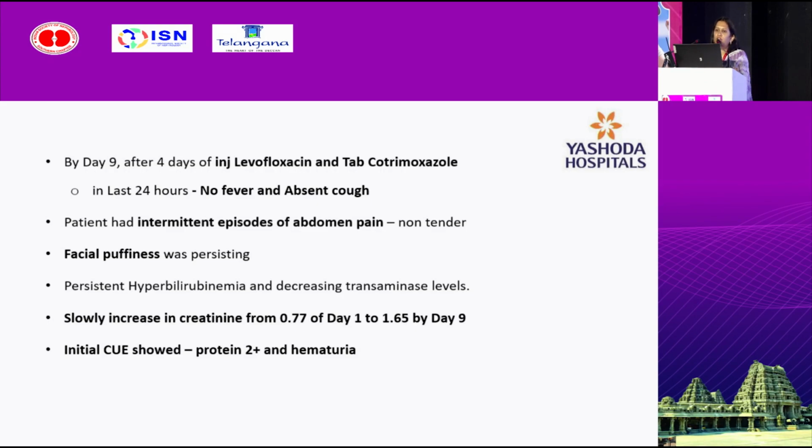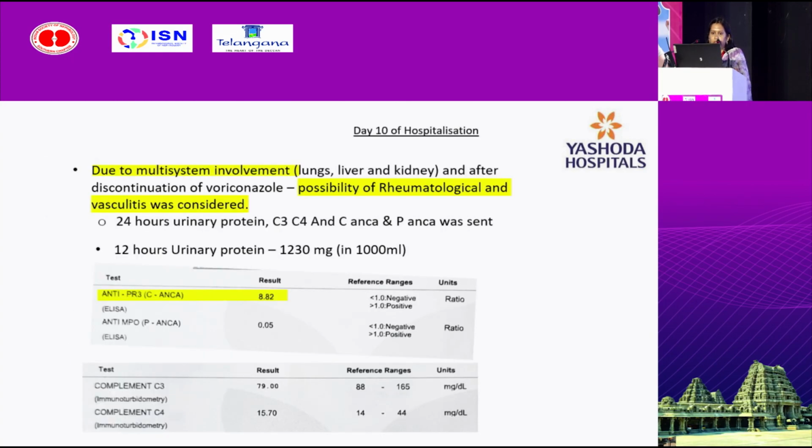The fever and cough have subsided, but the patient complained of intermittent abdominal pain with persistent hyperbilirubinemia and decreasing transaminase, but not complete resolution. And now creatinine has also started to increase. So now, because of multi-organ involvement, even after stoppage of the drug, the bilirubin still remained high.